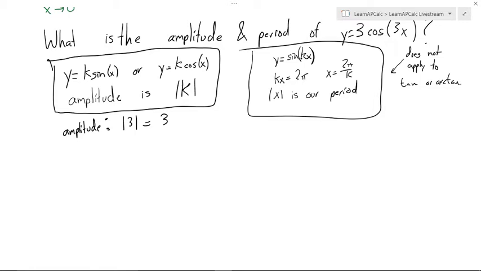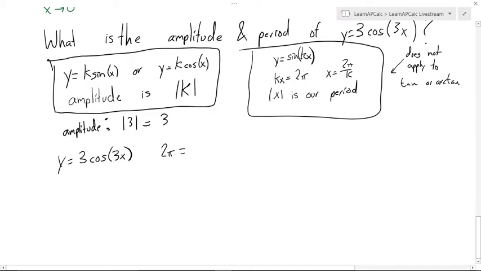So here we have y equals 3 cosine 3x. Now we know that kx equals 2 pi. Here's our k. And simply speaking, 2 pi, when solving for the period, is equal to whatever's inside of the cosine parentheses.